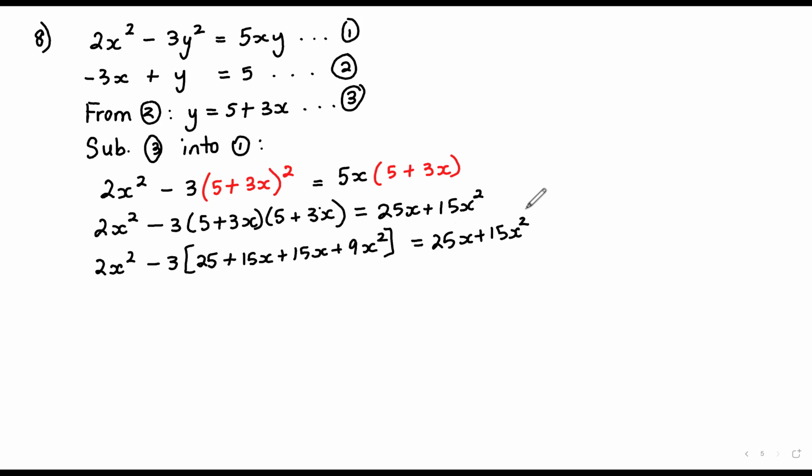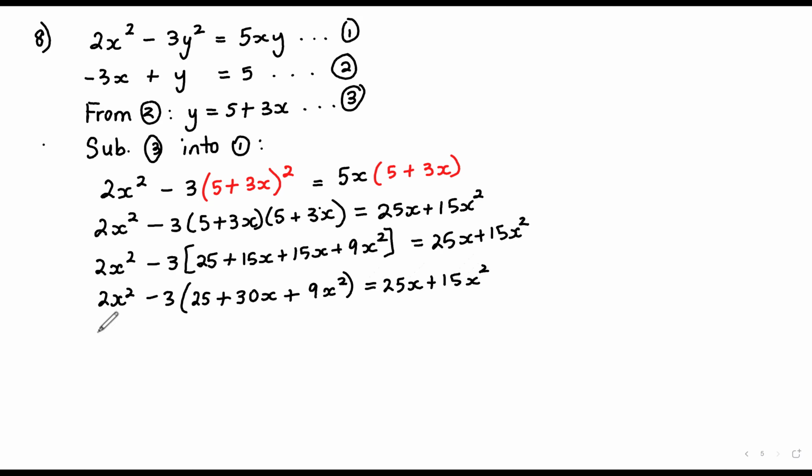Now I'm simplifying what's inside those brackets. So that would be 2x squared minus, so I'm keeping 3 on the outside. I'm going to simplify what's on the inside there. So that's 25 plus 15 plus 15 is 30. So 25 plus 30x plus 9x squared is equal to 25x plus 15x squared.